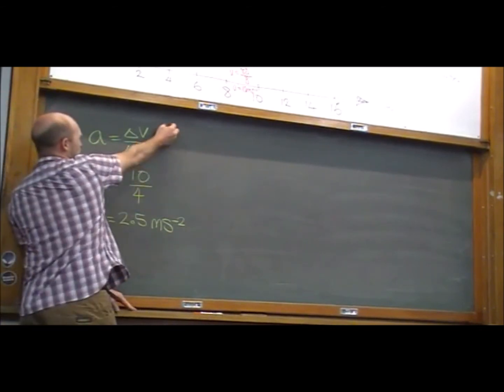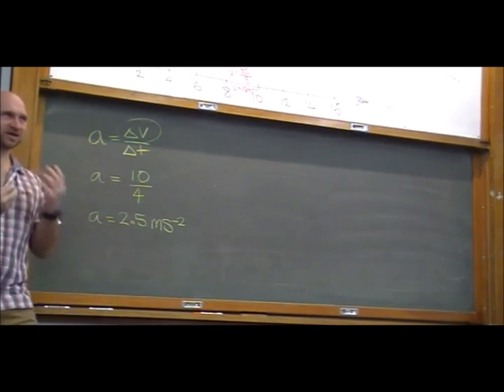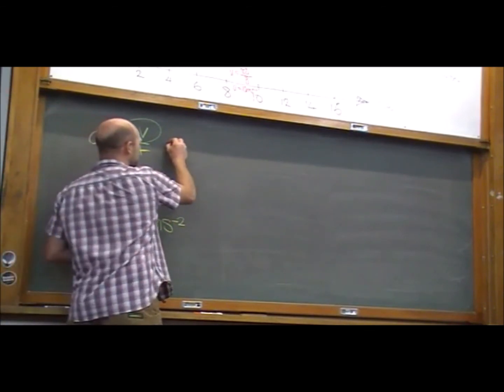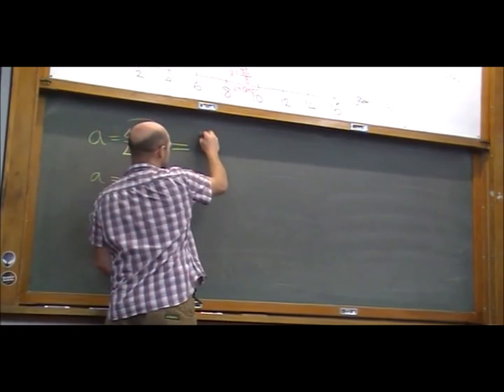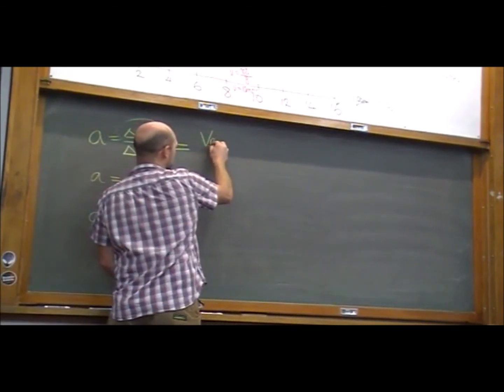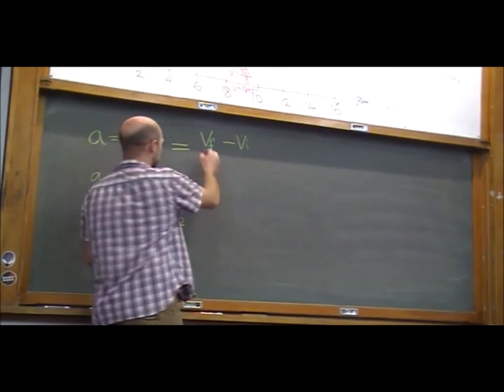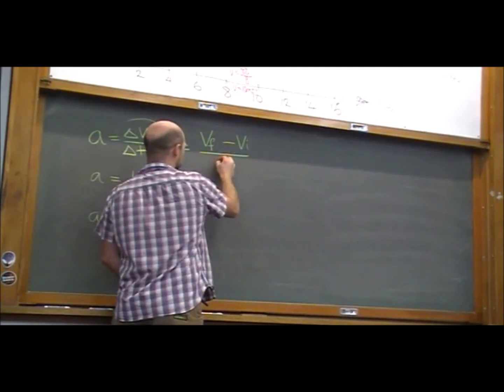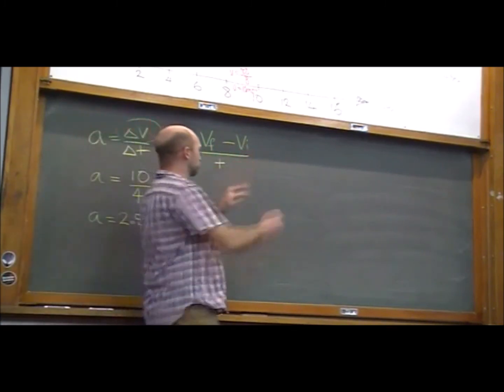So this change in velocity thing here can sometimes be hard to work out what it is. And so a useful little rule is that the change in velocity is the final one minus the initial one. So final velocity was 10, initial was 0.